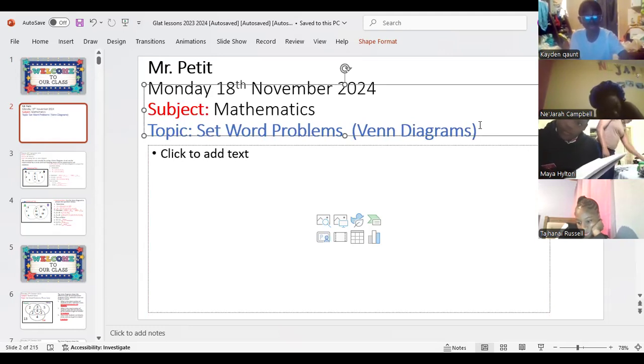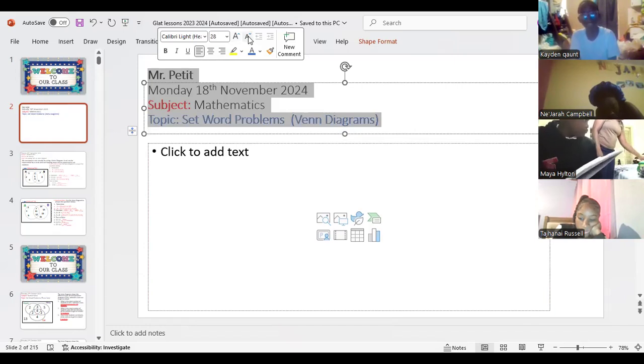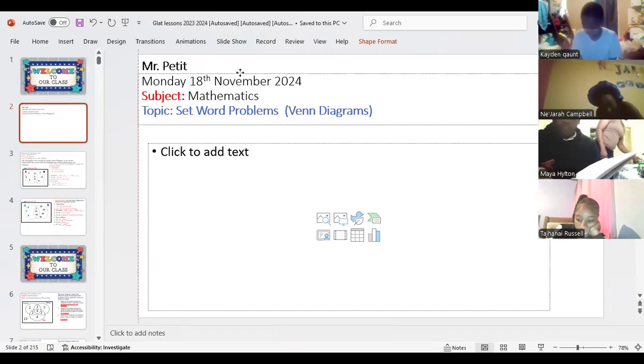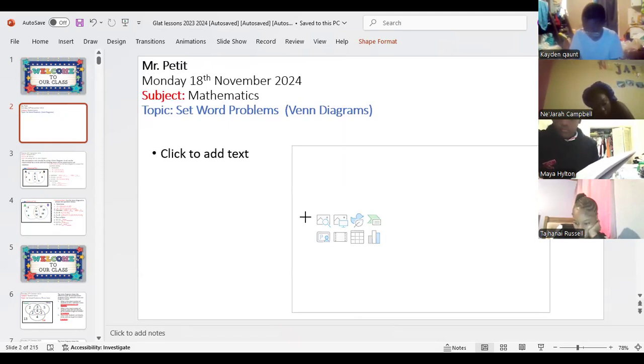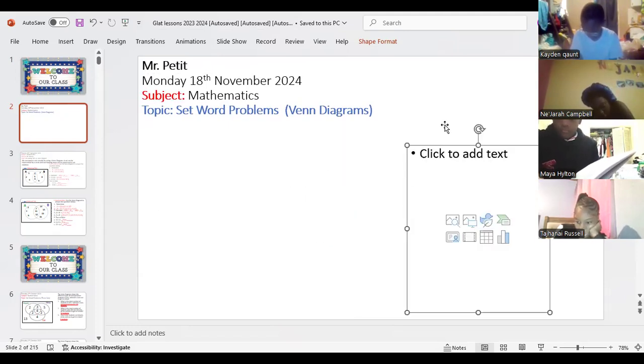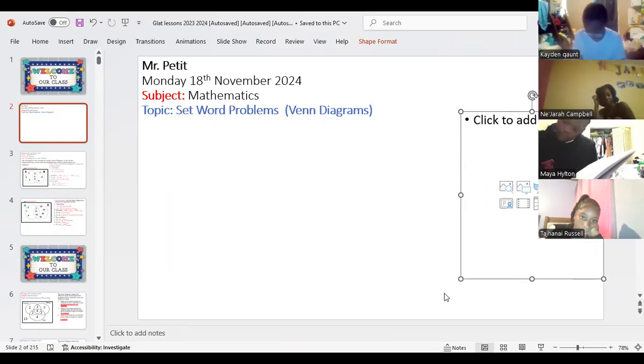Yes, sir. Yeah, that's what we're going to be looking at today. How do we interpret and use a Venn diagram? We're going to be looking at it with two circles, and then once we get professional at that, we're going to do it with 3 circles.